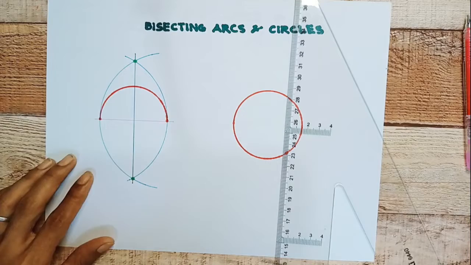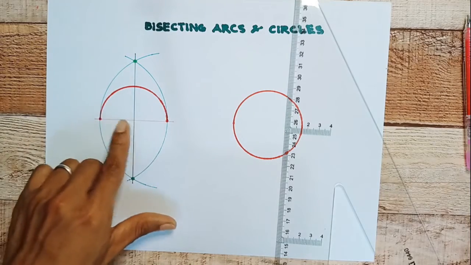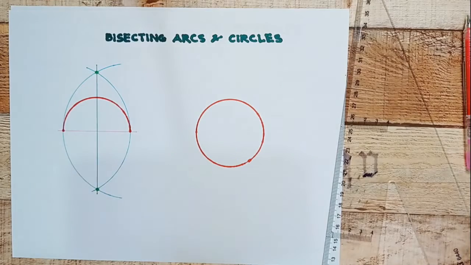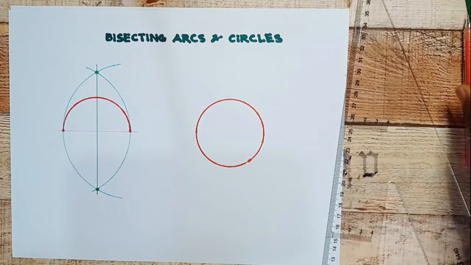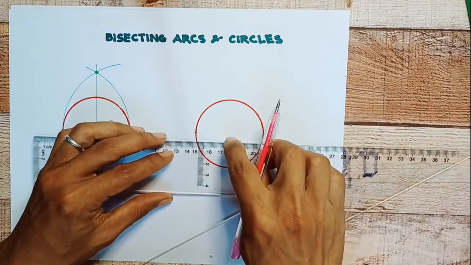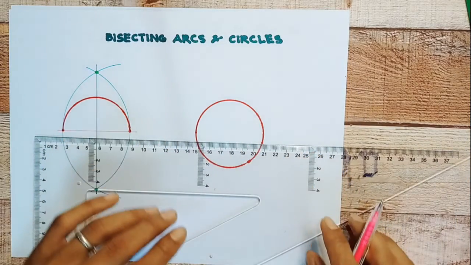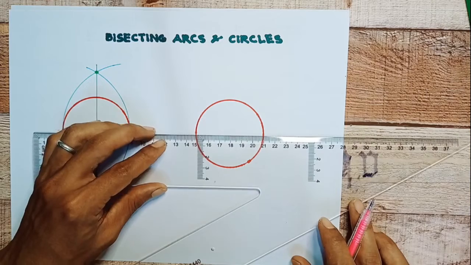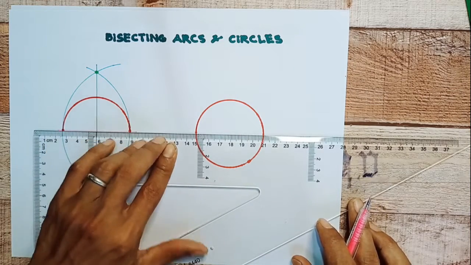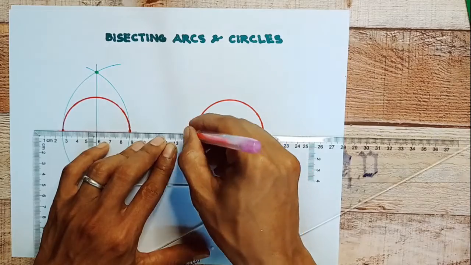Now the same way for the circle, just make sure that the line passes through the center of our circle. Just draw a line. There. And just the same way that we did with the arc.